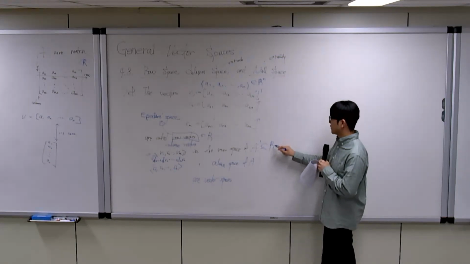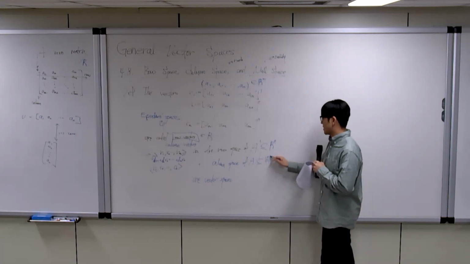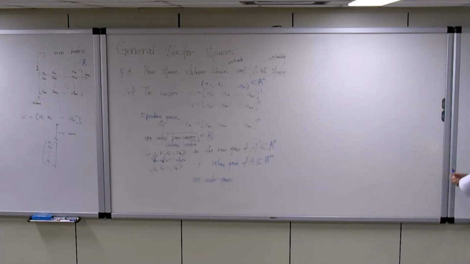Row space will be in R to the n. It will be considered as a tuple.